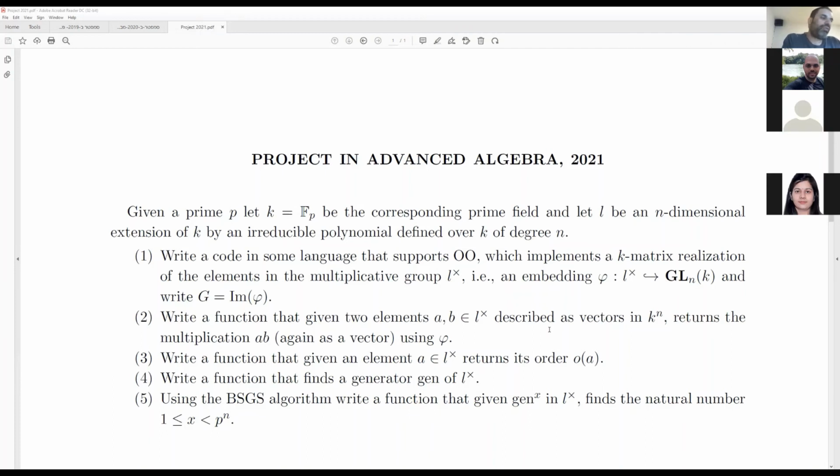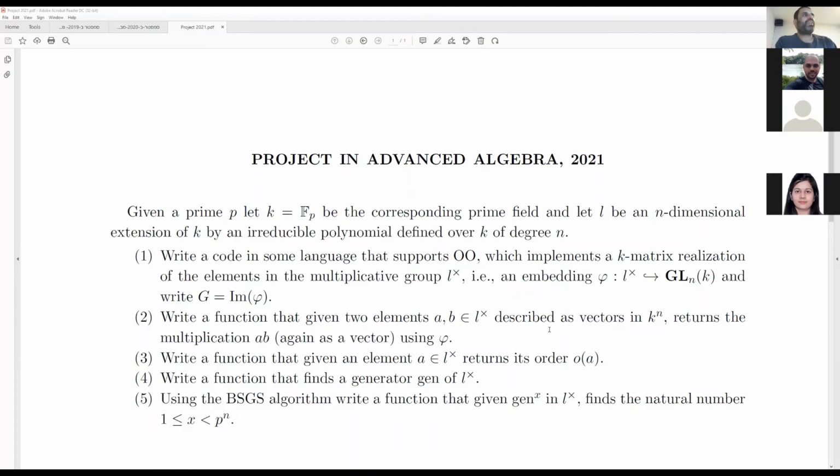Now here, you may not do the thing in the most trivial way. As I told you, there are possible natural numbers that can be candidates to be the order by Lagrange theorem. Okay, so maybe you can have some efficiency here.